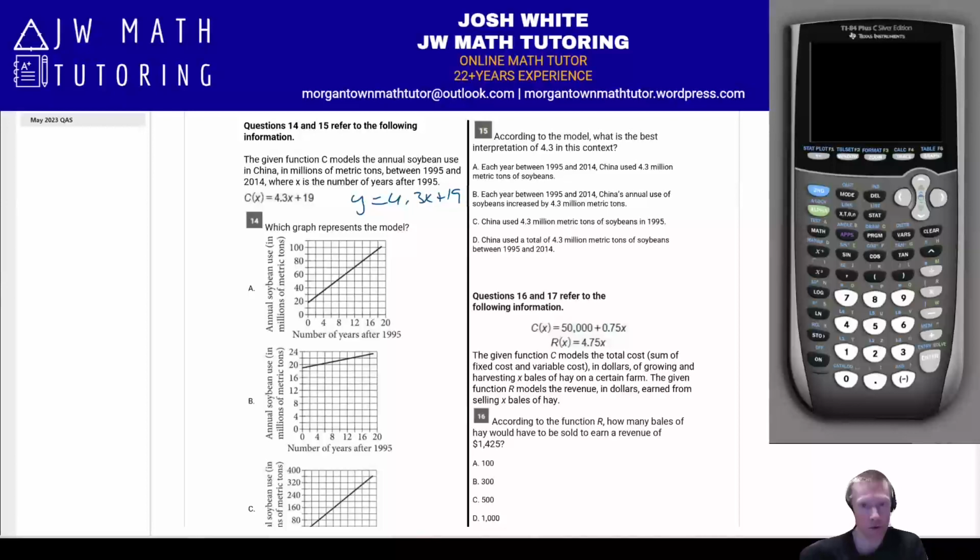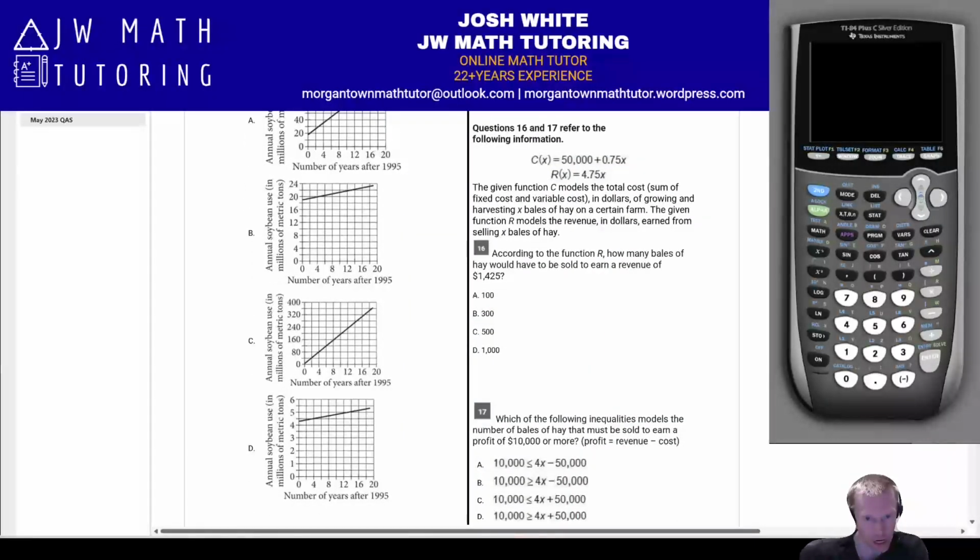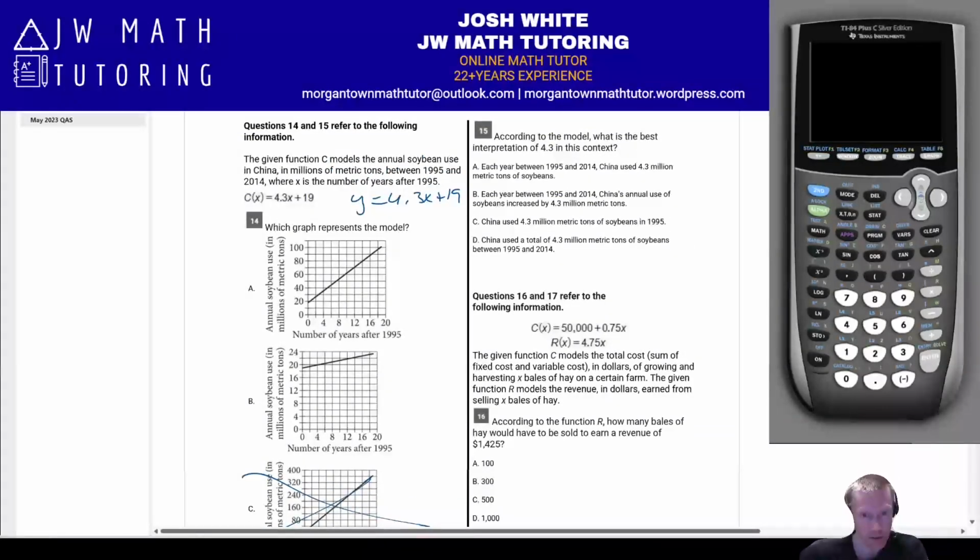There are multiple ways you could do this one. First of all, you could notice that the y-intercept is 19. If we scroll down and look at some of these graphs, notice that C and D are wrong right away. They do not have y-intercept values of 19, so get rid of those 2 right off the bat. Now you're down to these 2.